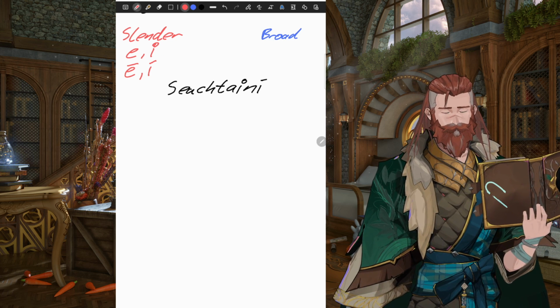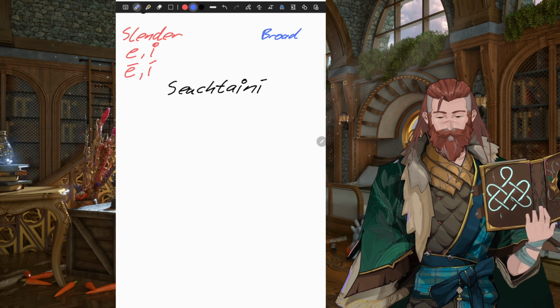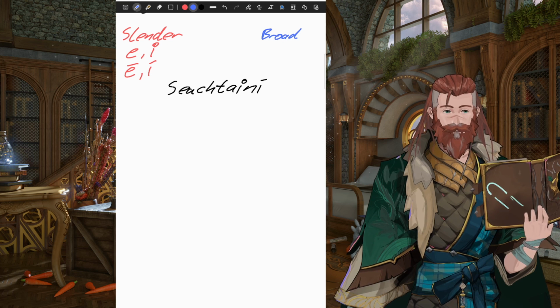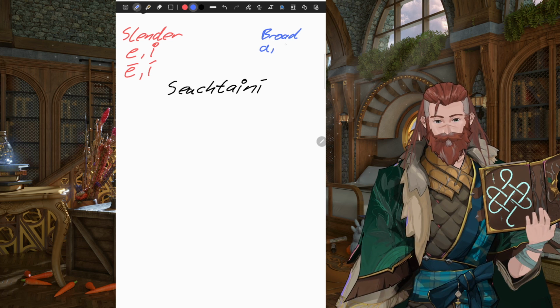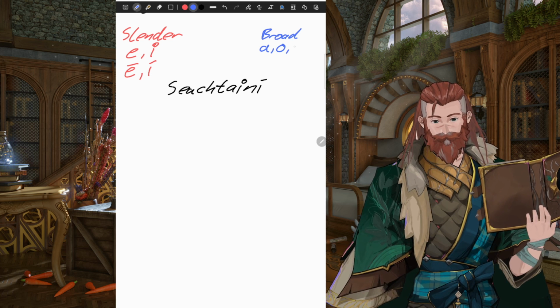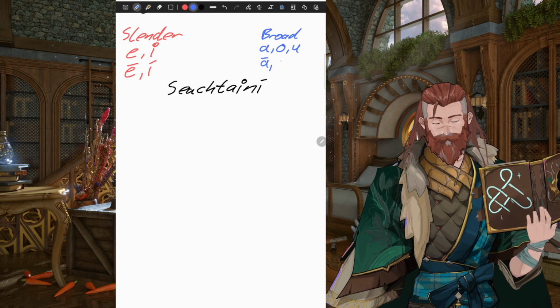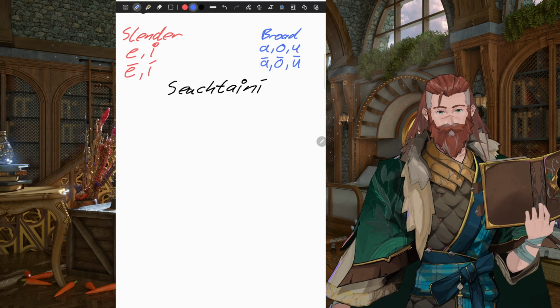We'll get into fadas when we start talking about the vowels themselves. And broad consonants are going to be surrounded by A, O, U, or A fada, O fada, U fada.